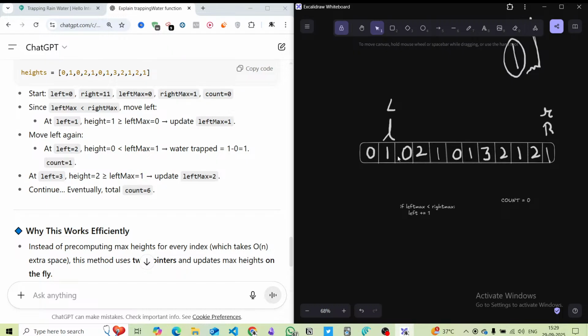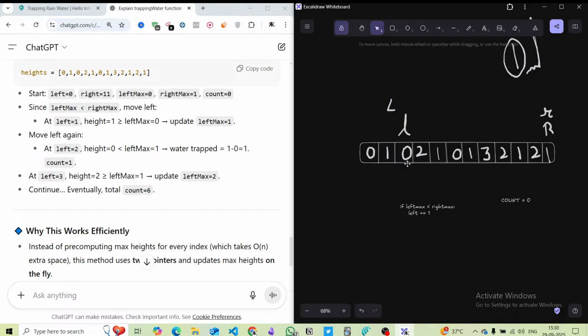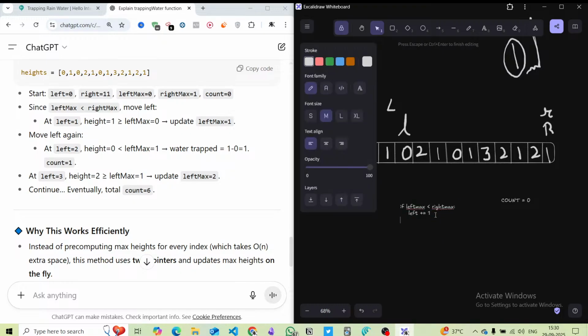So now we again check whether the left max is greater than or equal to 1. It's greater than or equal, right? So we just need to move left here. So next index, right? Here I just wrote the condition.